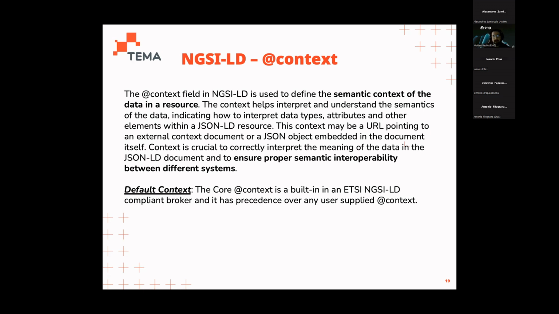For example, if you would like to build your JSON, your data model, let's say, you can create your context in order to say, I have this field that is the name of a person, the name of a book, and so on. So we can define our context, but important is that when we talk with the NGSI-LD context broker, we must have context in the data. Otherwise, we have an error from the NGSI-LD context broker. We cannot speak with an NGSI-LD context broker.